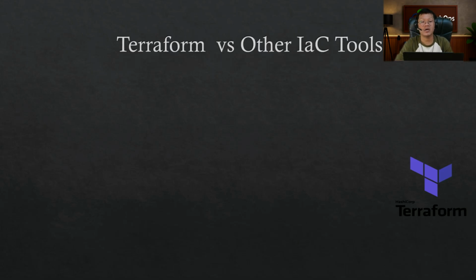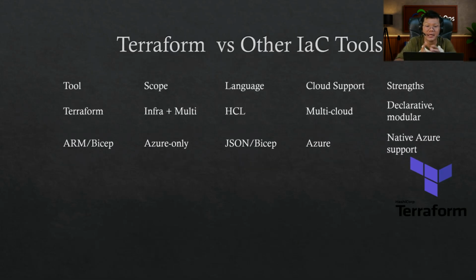Now let's understand Terraform versus other infrastructure as code tools. As you can see on the screen right now, there is the tool, scope, language, cloud support, and strengths. Terraform is infrastructure plus multi-cloud.